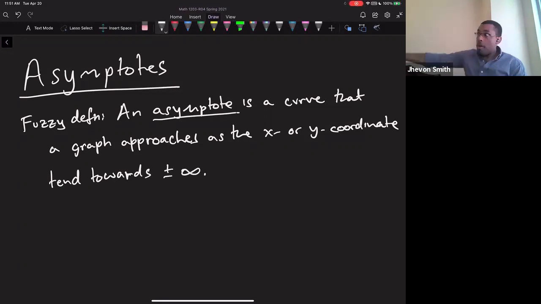So as you're going off far to the right or far to the left, if you're approaching some curve, that curve is called an asymptote. Or if you're going way up or way down and you're approaching some curve, that's also called an asymptote.